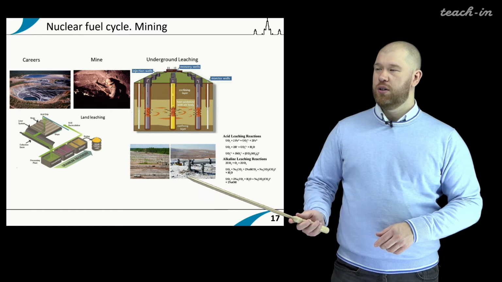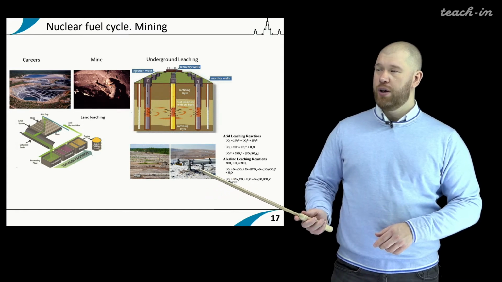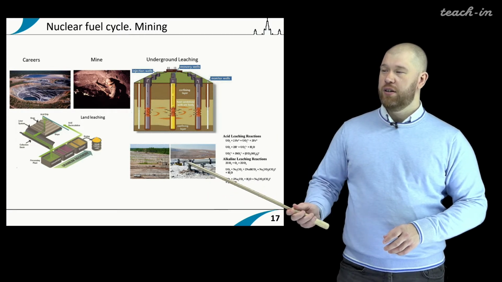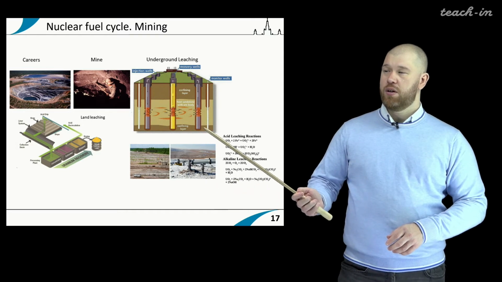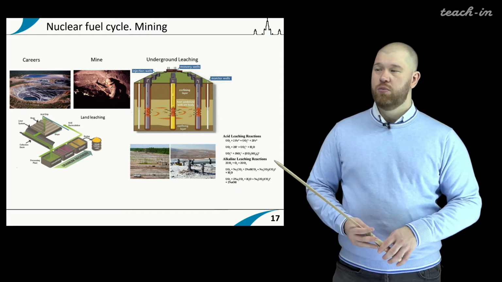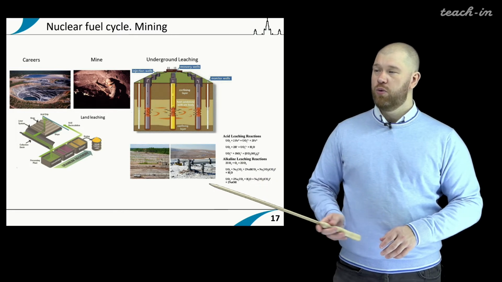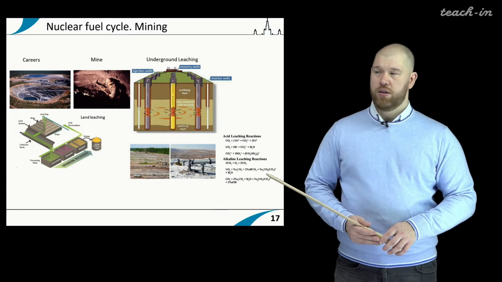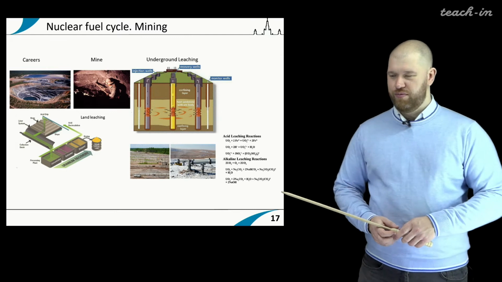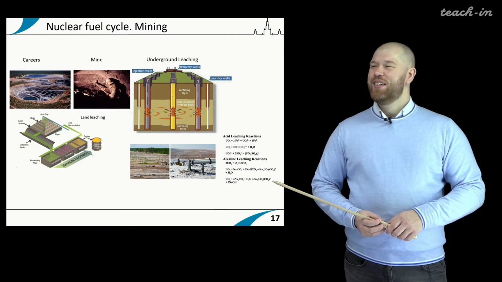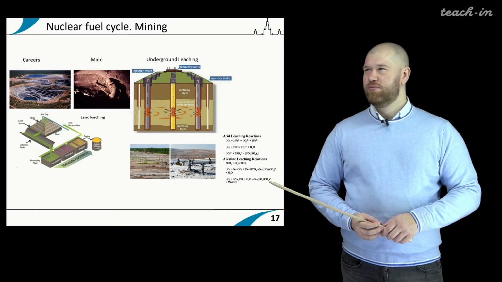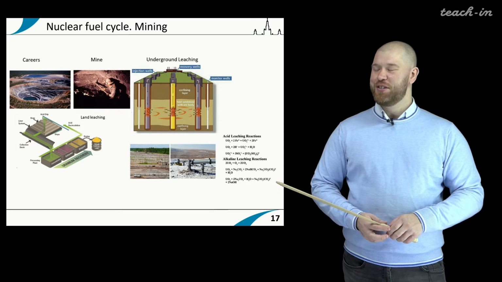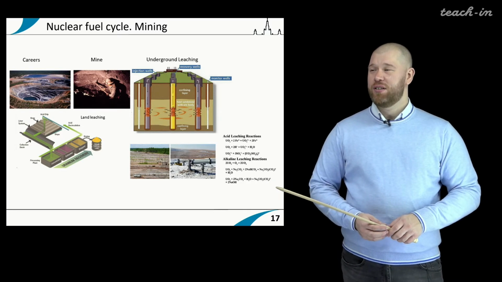Also, it looks like this in reality. So you have only wells in the field and nothing else. And when you have extracted all the uranium from this ore, you simply remove all these wells, and then all this territory is reconstructed, going back to initial conditions very fast.